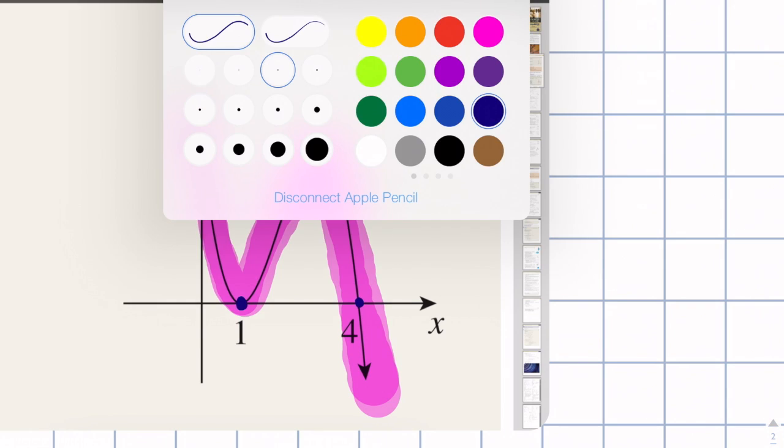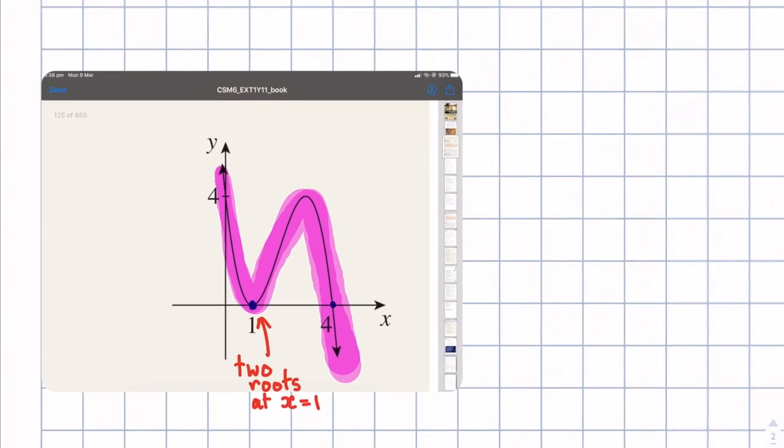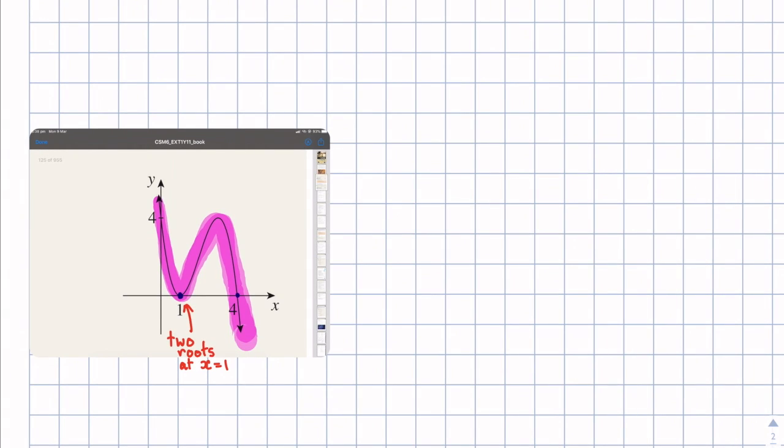Well, the fact that this one's bouncing up means that this is actually two roots at x equals 1. Which means when we come to write our equation, I don't know what the number out the front is going to be, but I dare say it's negative because it's kind of starting in the top left, not the bottom left.